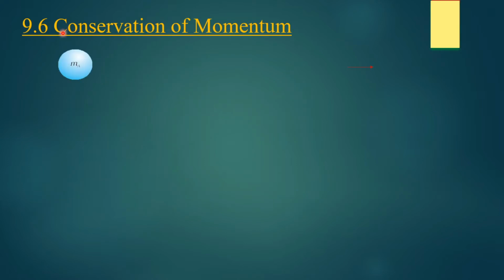Next topic is conservation of momentum. For this, consider a ball A of mass mA moving with the initial velocity uA, and ball B of mass mB moving with a velocity uB. If the speed of ball A is greater than the speed of ball B, then after some time both will have a collision.